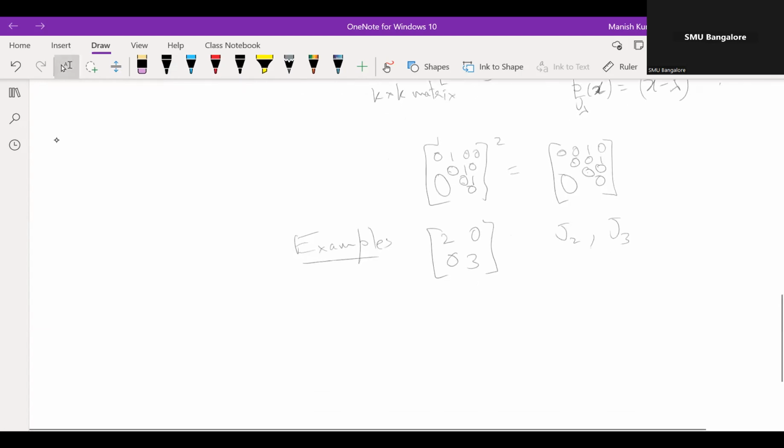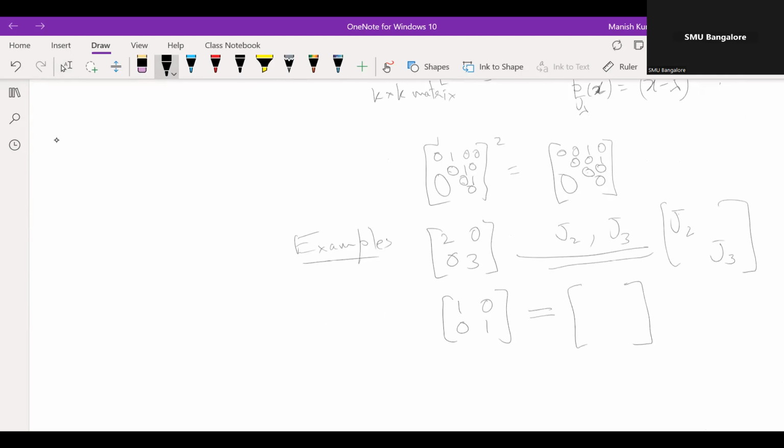The other one was the identity matrix. It is in Jordan form, but the Jordan form is basically, maybe I'll write it this way: J2. If I want to write it in Jordan form, how does it look?